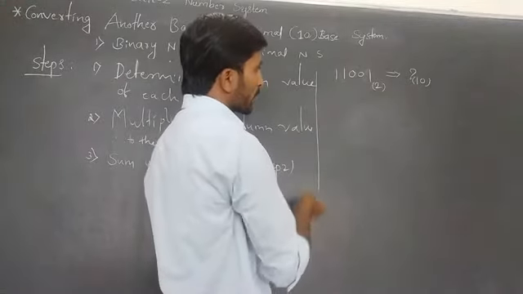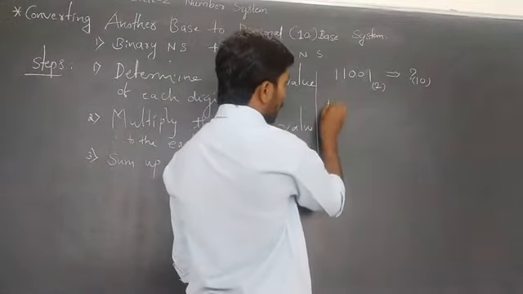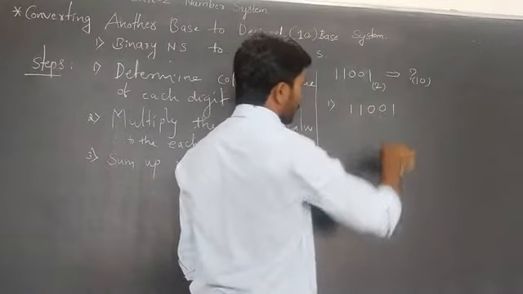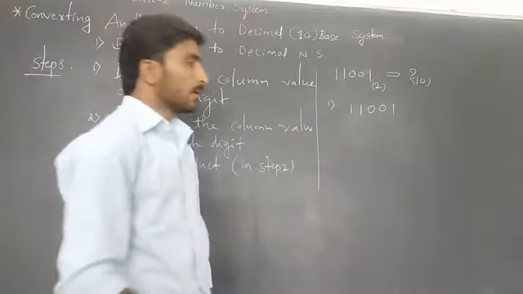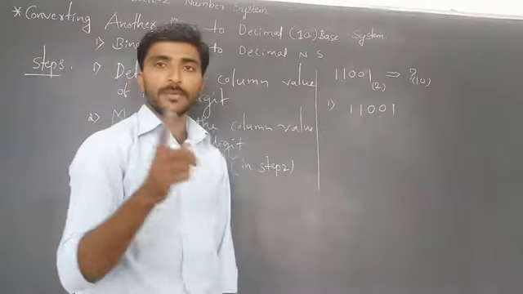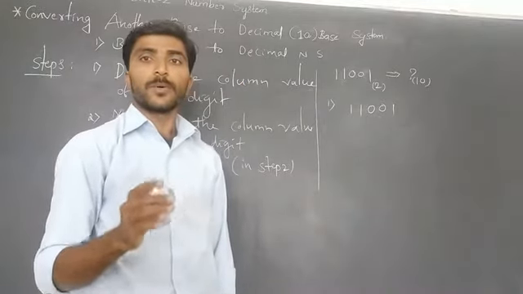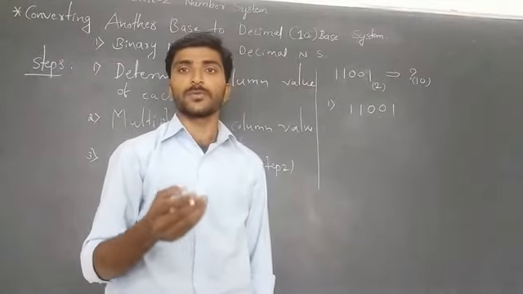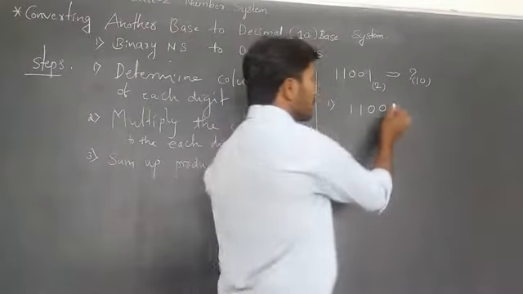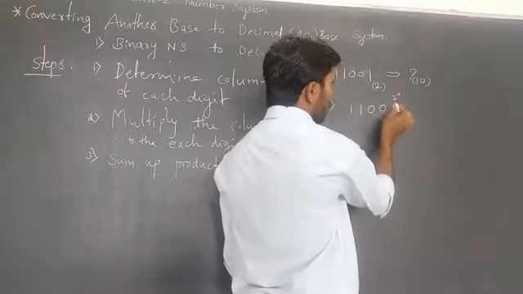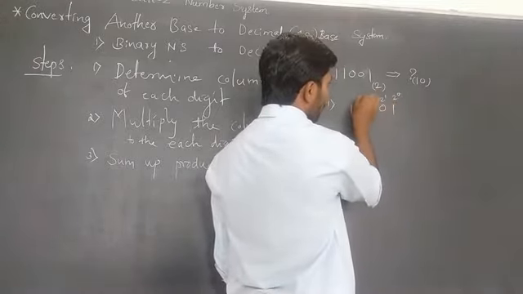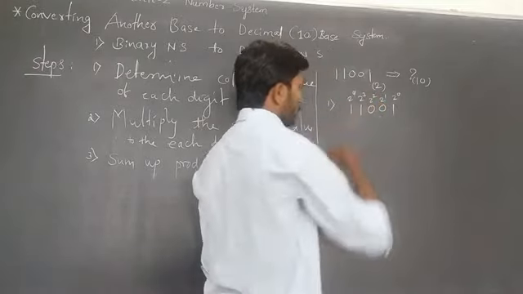How to identify? First I will write step 1 like this: 1 1 0 0 1. You already know the binary number system position is a power of 2. So this is 2 raised to 0, 2 raised to 1, 2 raised to 2, 2 raised to 3, 2 raised to 4.